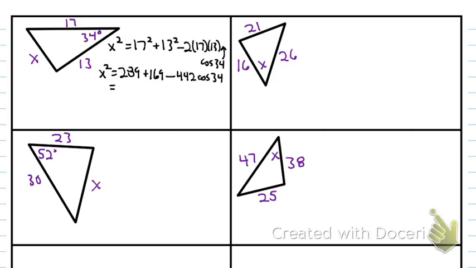Now, 289 and 169 I can combine, which gives me 458. Then 442 cosine of 34 is about 366.4. So 458 minus 366.4 gives me about 91.6 for x squared. I now take the square root of that, and I get that it is approximately 9.6 units.